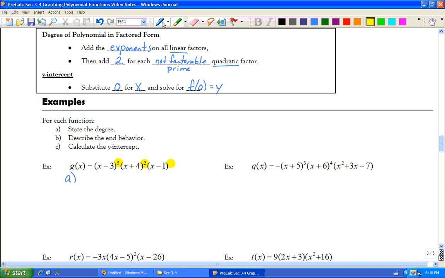So if we just add all of those up, 5 plus 2 plus 1 gives us 8, which is even. It's going to help us with part B. Describe the end behavior. Well, we know the degree is 8, which is even. Our leading coefficient is 1, which is positive. So if we look back at our end behavior, if we have an even degree and a positive leading coefficient, that means it's up on the left and the right.